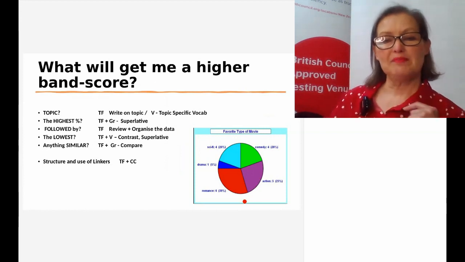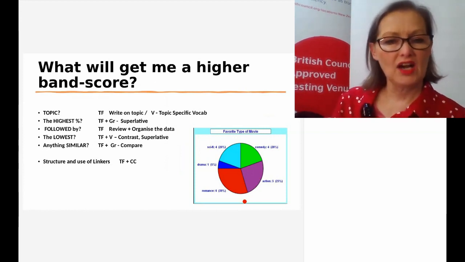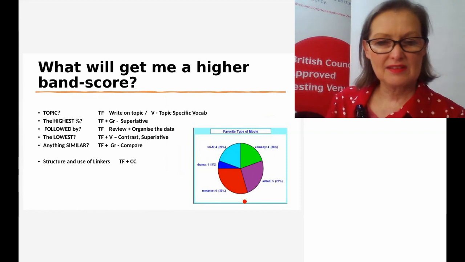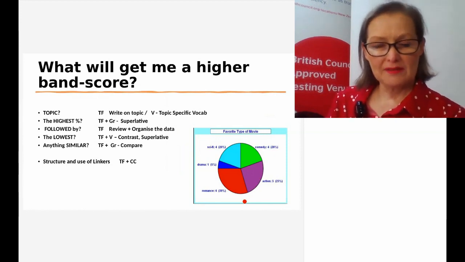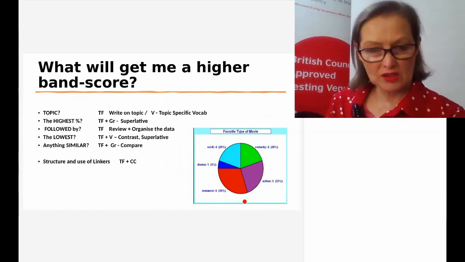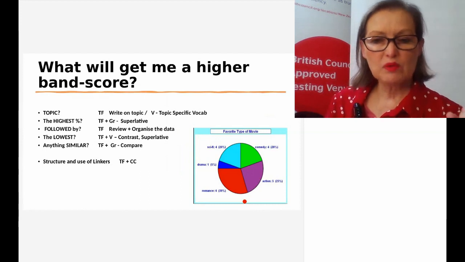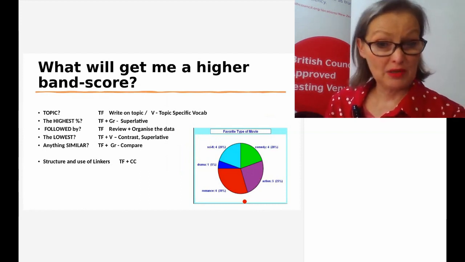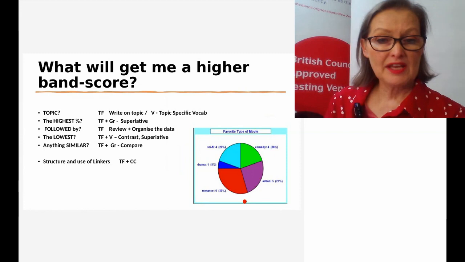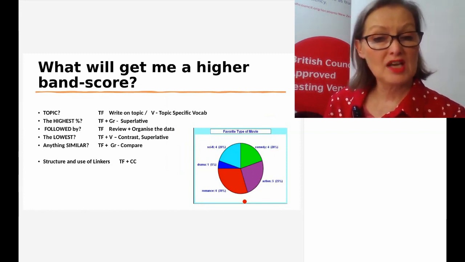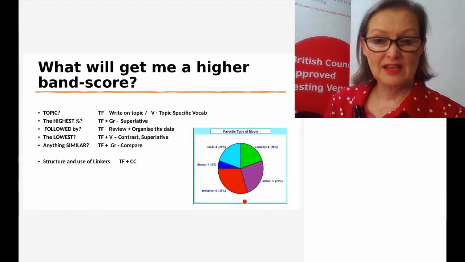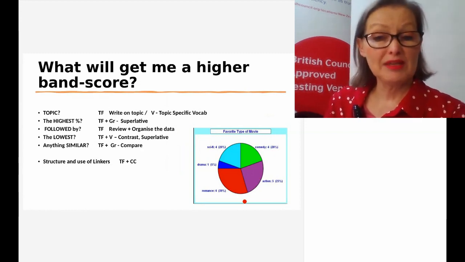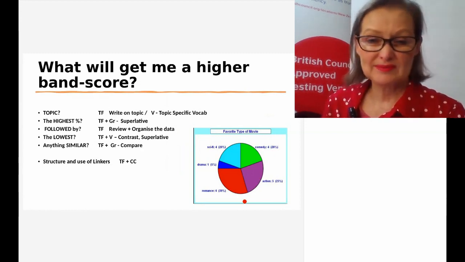So what's going to get me a higher band score? Why did I ask these questions? Topic. We want to write on topic, and we want to use topic-specific vocabulary, and that's going to help me to score in my TF, or my task fulfillment, as well as get me a higher vocabulary score.